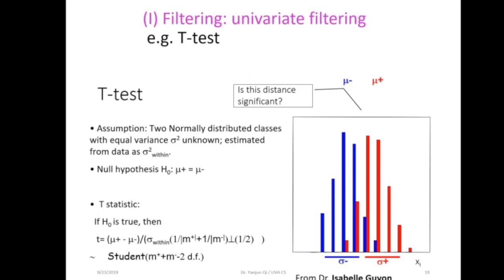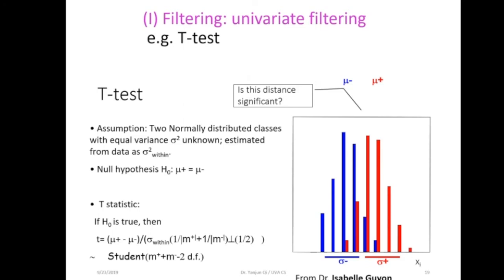You use hypothesis testing to get the p-value, which tells you whether it is even significant against the null hypothesis. If you haven't learned about hypothesis testing, you really need to learn it by yourself.